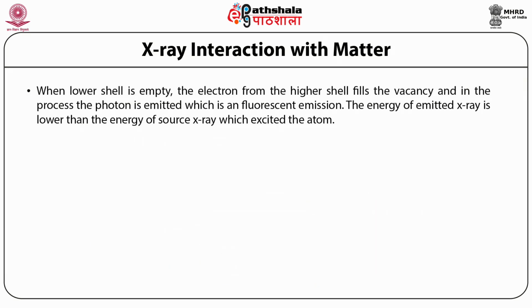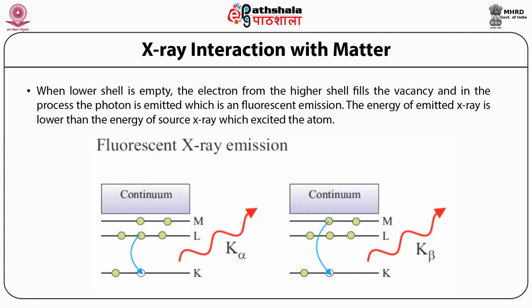In this slide, we have shown what fluorescent X-ray emission is. As you have seen in the earlier process, in the case of photoelectric absorption, an electron was removed from the K shell, as is visible on the left-hand side of the diagram. Then the atom is unstable, because the lower energy shell should be filled first and then the higher energy levels.